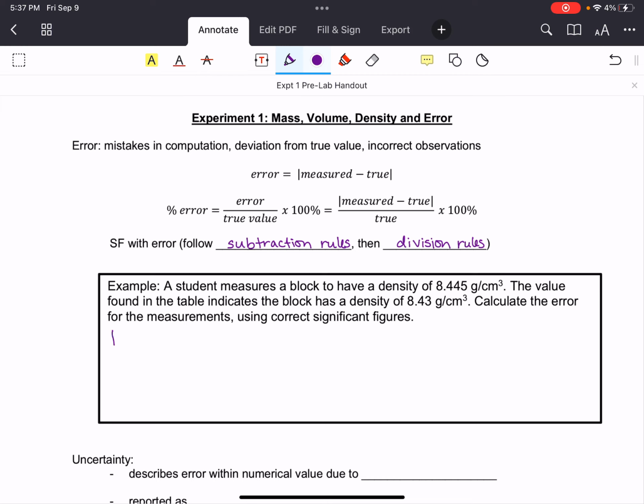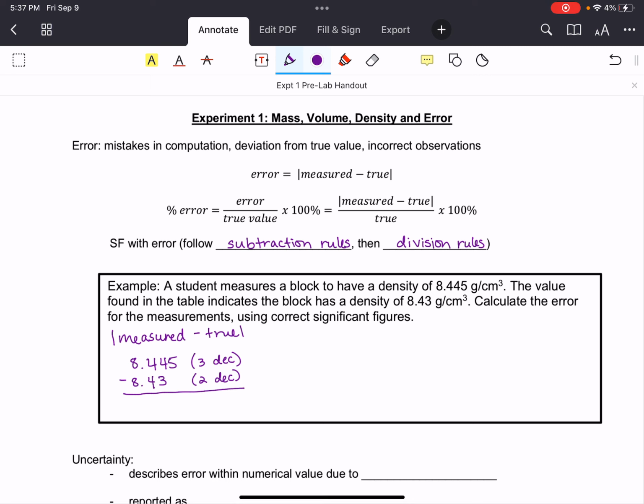The first part of the equation has us taking the absolute value of the measured minus the true value. The measured value is 8.445. This value has 3 decimal places. We are going to subtract the true value of 8.43. This is what was found in the table, and this number has 2 decimal places.